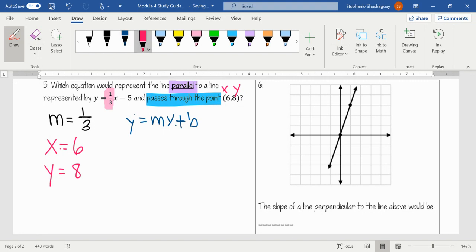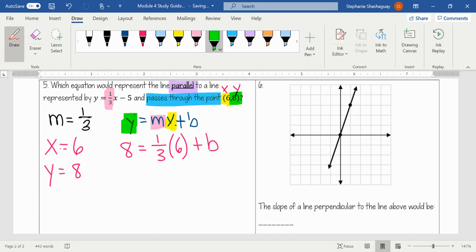So I'm going to now have 8 is equal to 1/3 times 6 plus b. So once I write out my equation with my y value, my slope, and my x value, then I just plug those all in, and then I need to solve for my b.